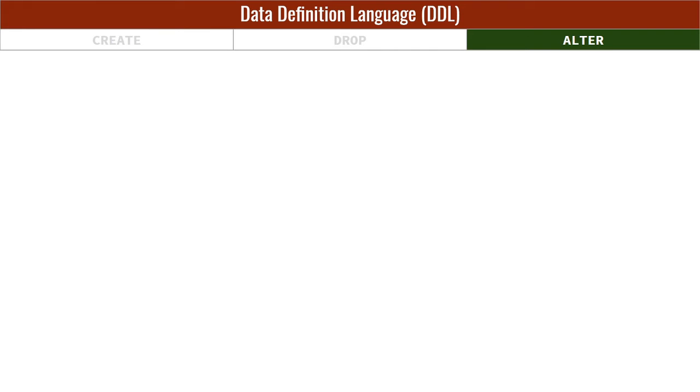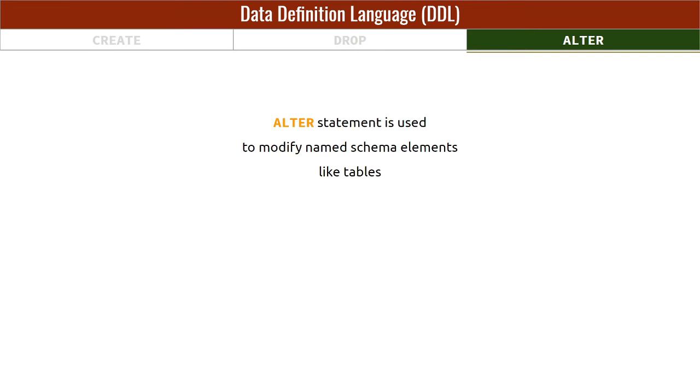And the next DDL statement is the alter statement. This alter statement is used to modify named schema elements. So you have already created a table or you have already created some constraints, etc. So you want to modify the structure of that, and you can use the alter statement. Some changes like add or drop columns.